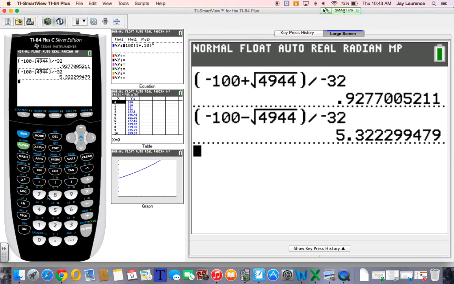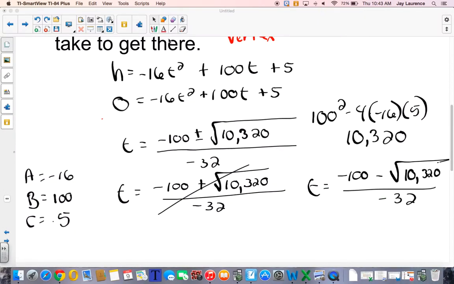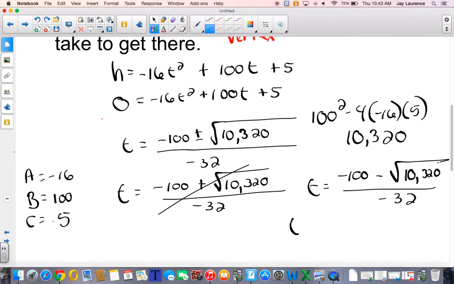I'm going to go negative 100 minus the square root of 10,320. Close that quantity, divide by negative 32. And there I go. I get about 6.30 seconds, so 6 3/10 seconds. So it'll hit the ground in approximately 6 3/10 seconds.